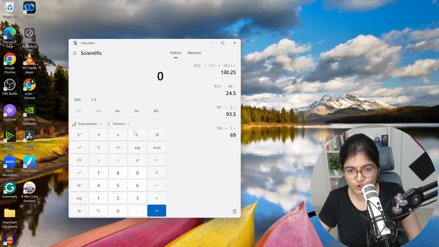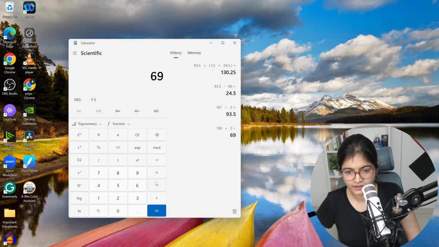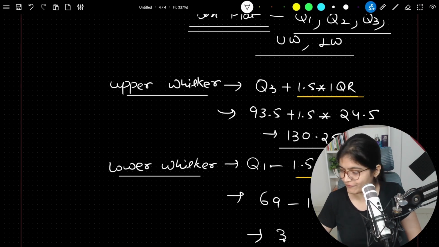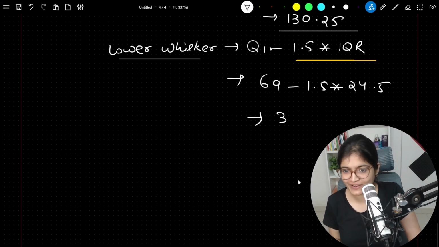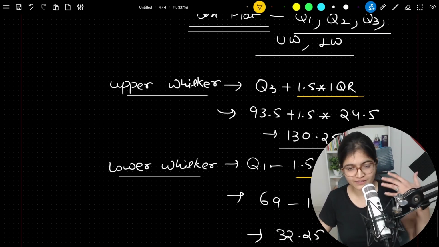Similarly, if I try to showcase the calculation of lower whisker, it will be 69 minus 1.5 into IQR, which is 24.5. You can just again verify the calculation. My focus is majorly to explain the concept. If there is any mistake, please let me know, right? So this is the upper whisker, this is the lower whisker.